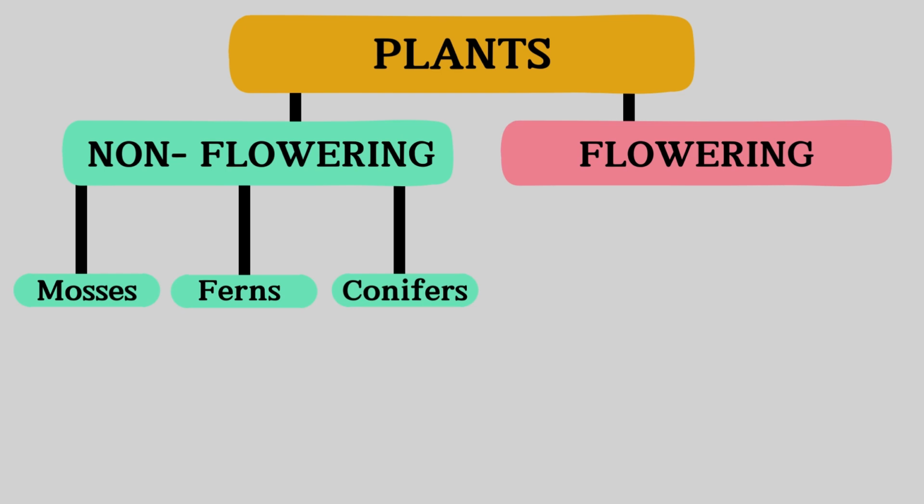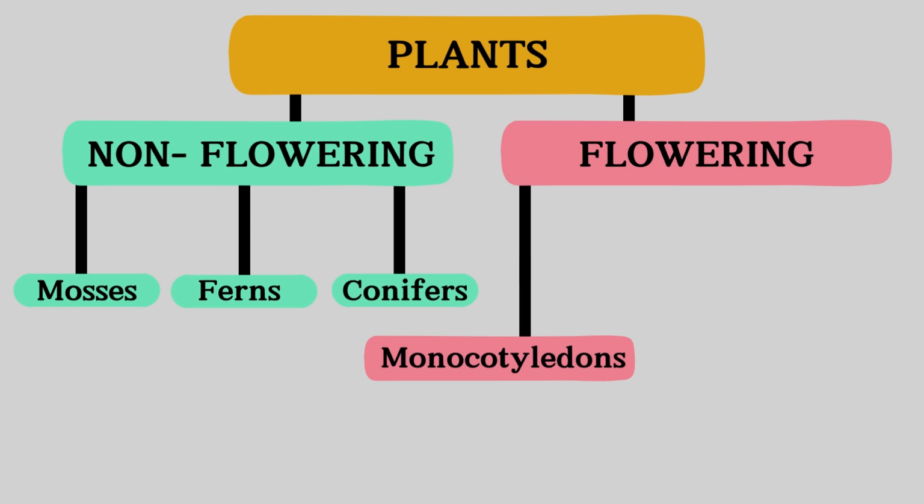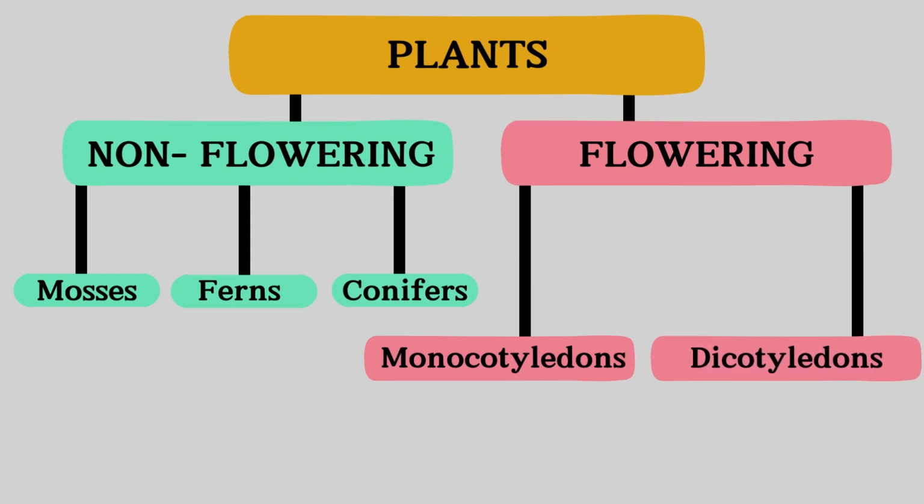The other major group of plants is flowering plants, which have two subgroups: monocotyledonous plants or dicotyledonous plants, shortly called monocots and dicots.